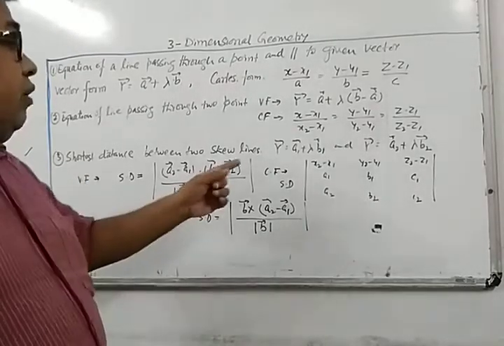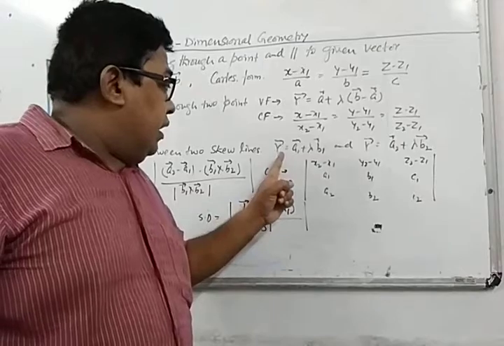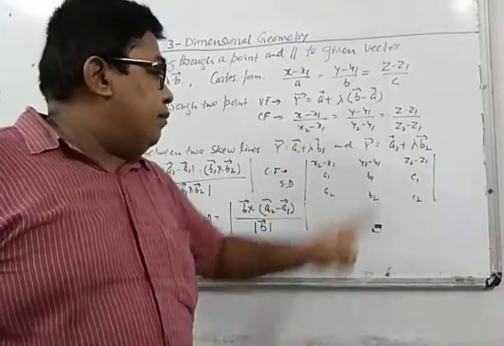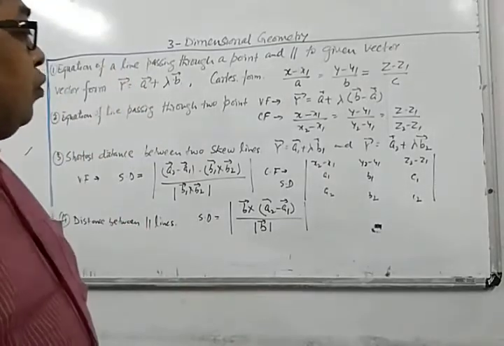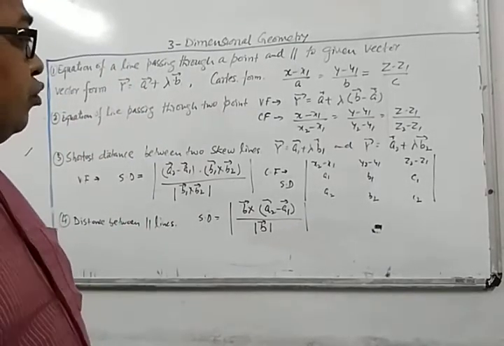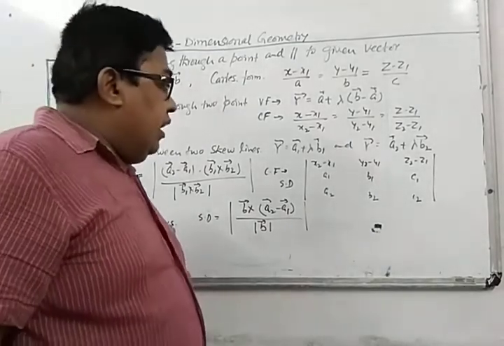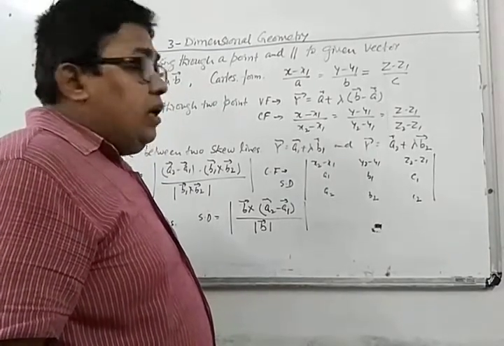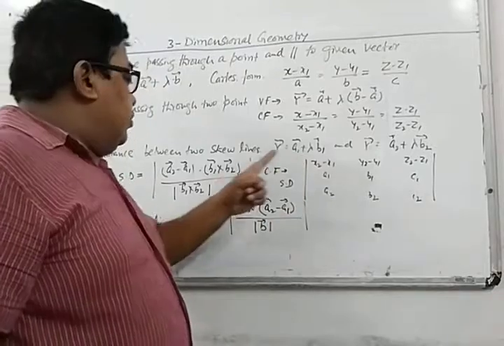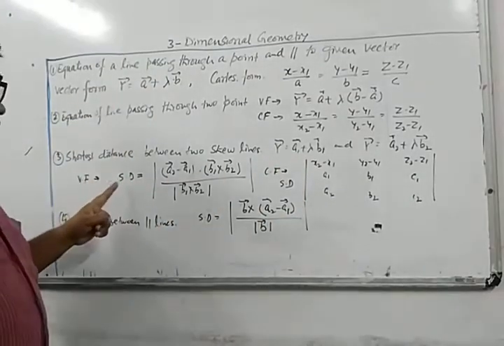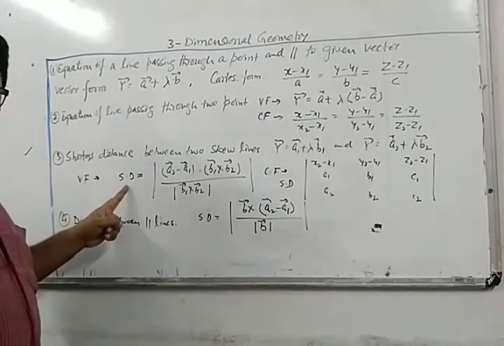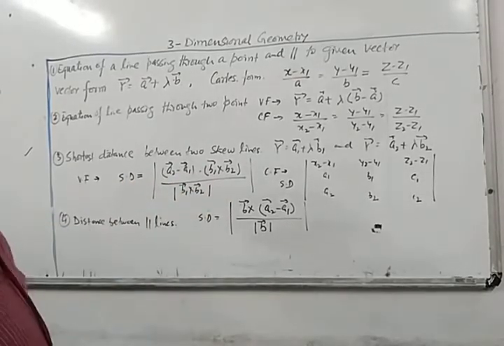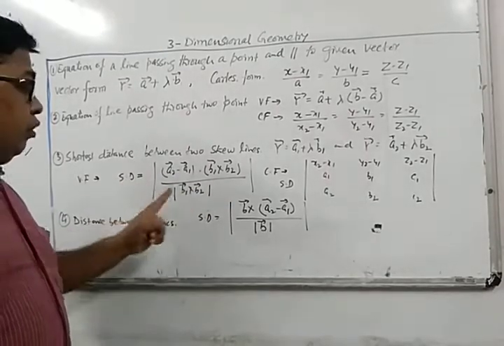Now there are two lines, r = a1 + λb1 and r = a2 + λb2. a1 and a2 are the points through which our lines are passing, and b1, b2 are the vectors parallel to the given lines. Its vector form: shortest distance SD = |(a2 − a1) · (b1 × b2)| / |b1 × b2|.